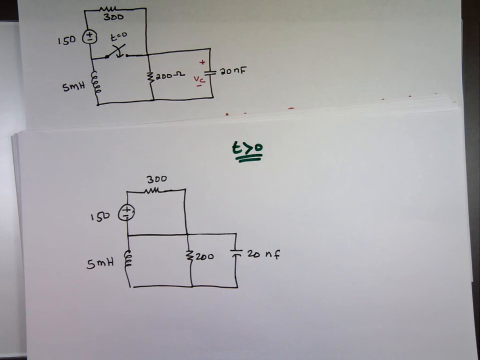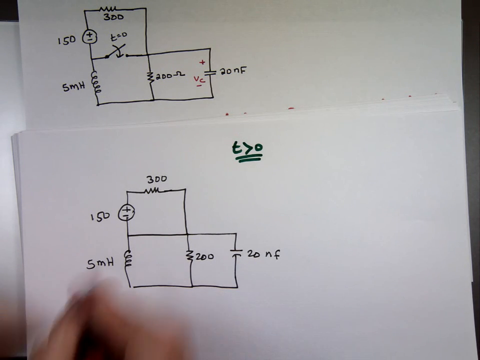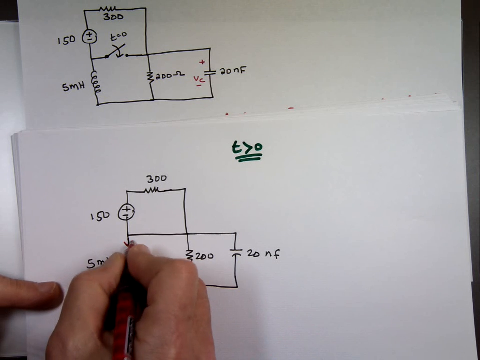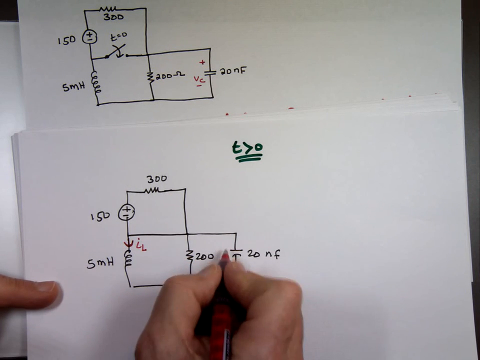And here's VC, and I sub L. I sub L is this current coming down, and VC is this voltage.